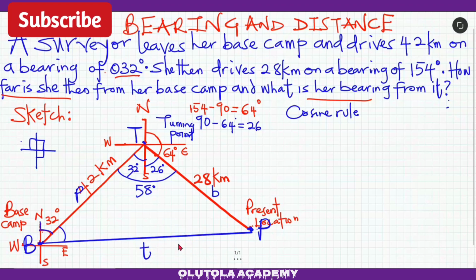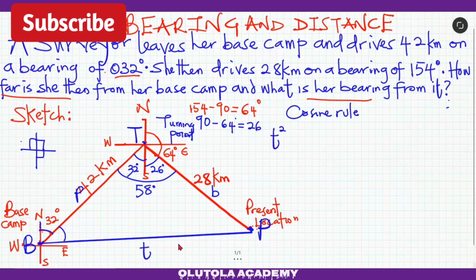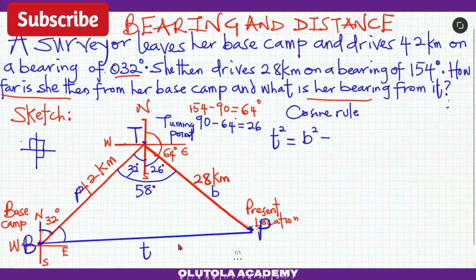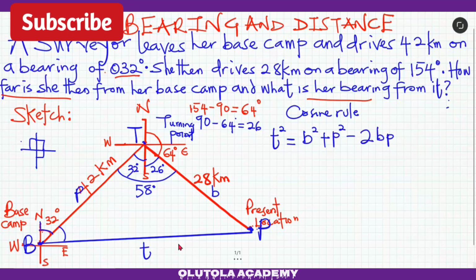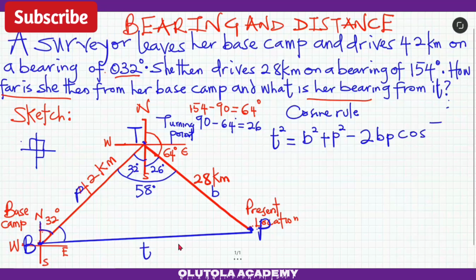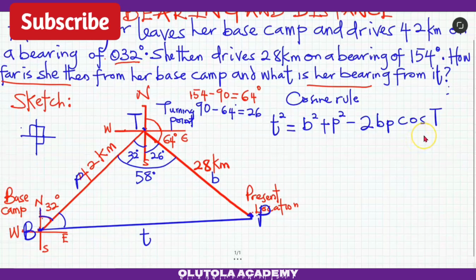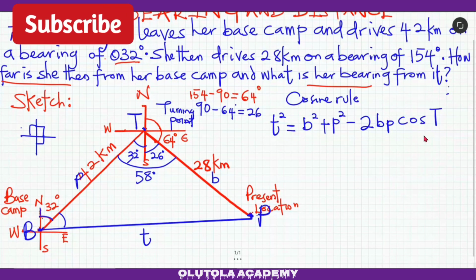So going by cosine rule, I will have t square equals b square plus p square, then minus 2bp cos the angle t. Now cos the angle t, t is what we are looking for, so it will go with the angle t. Okay, so if I do that now, I'm going to put in the values.